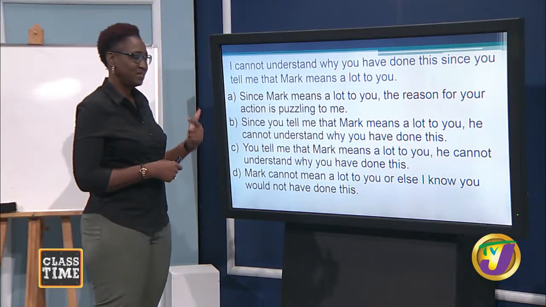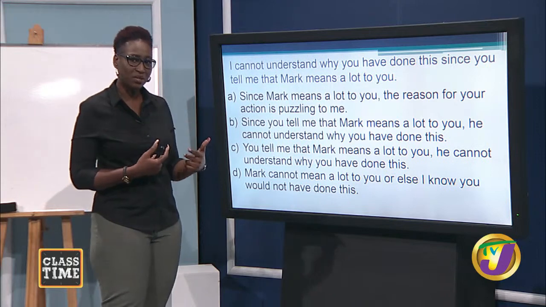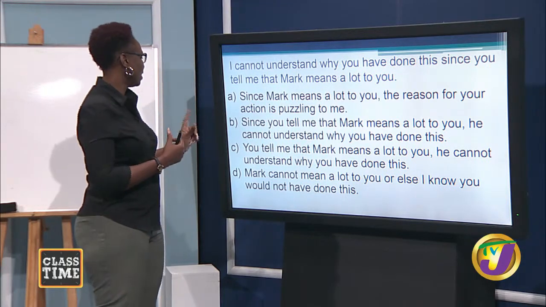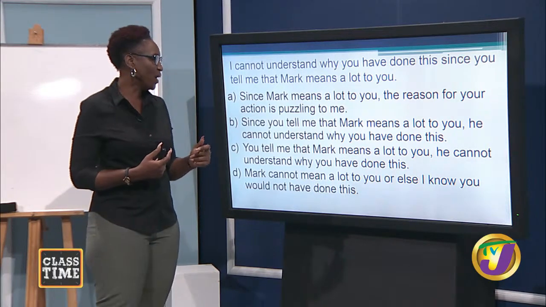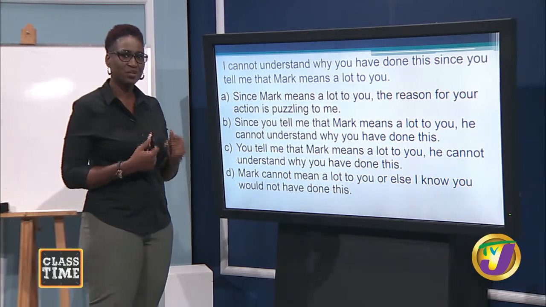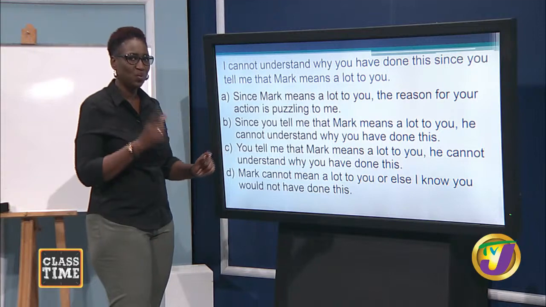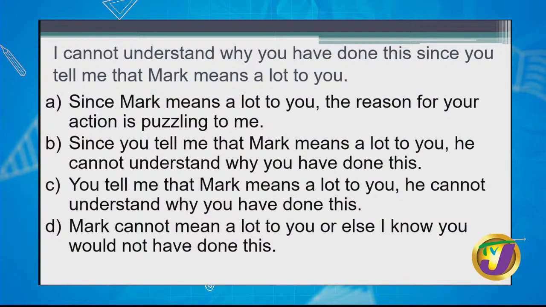So let's look closer now at A and D. A says, since Mark means a lot to you, the reason for your action is puzzling to me. All right? Kind of getting the gist. Last one says, Mark cannot mean a lot to you, or else I know you would not have done this. Between A and D, which one are you choosing? Choose carefully.